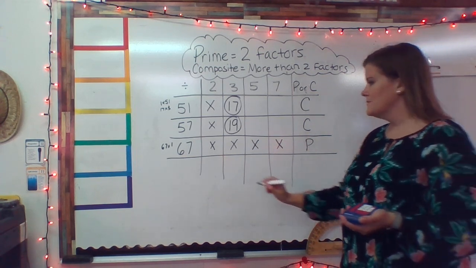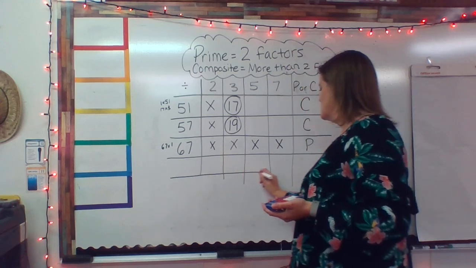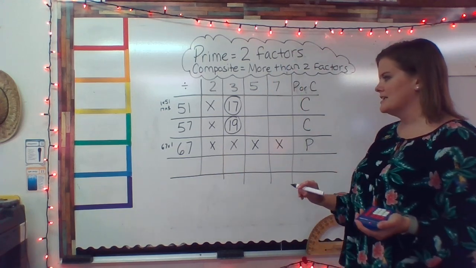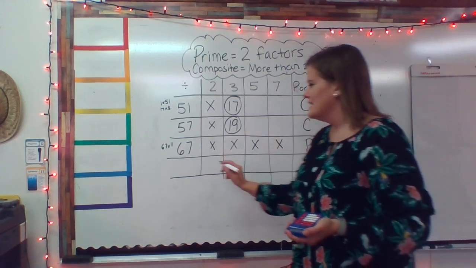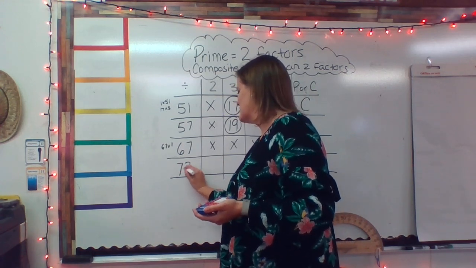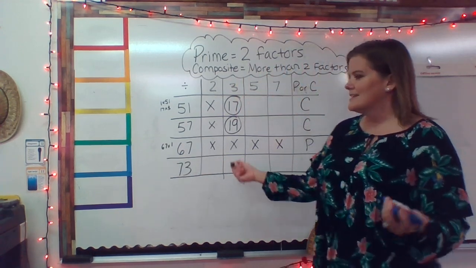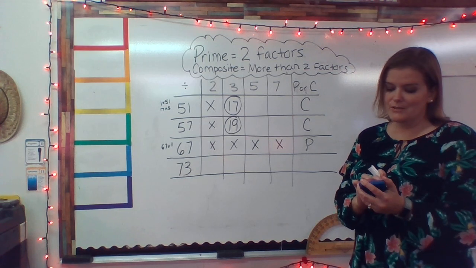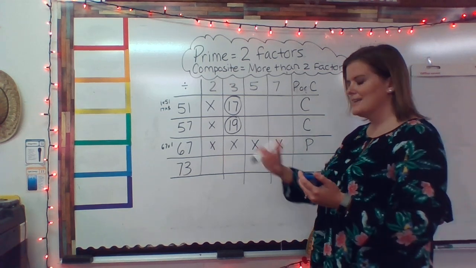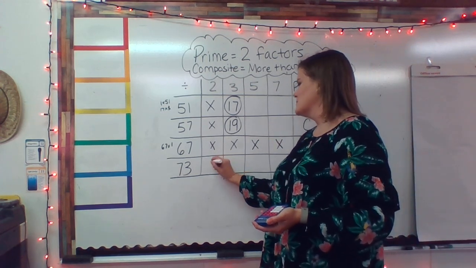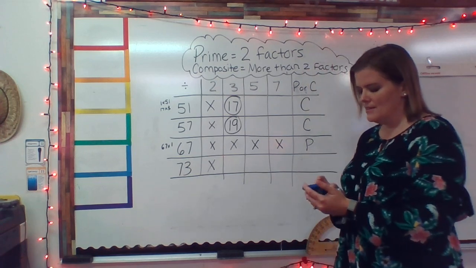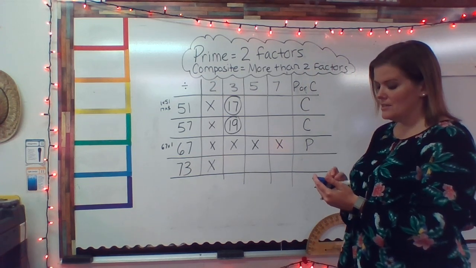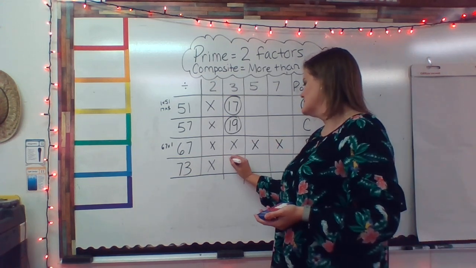So I'm going to do one more just to make sure that you understand how to use the chart correctly. Let's try 73. Again, it's an odd number, but I could do it. 73 divided by 2, and I get 36 and 5/10. So decimal number, no. 73 divided by 3, 24 and 3/10.